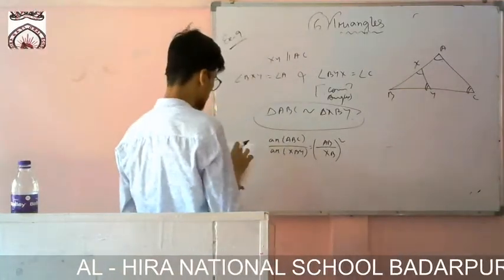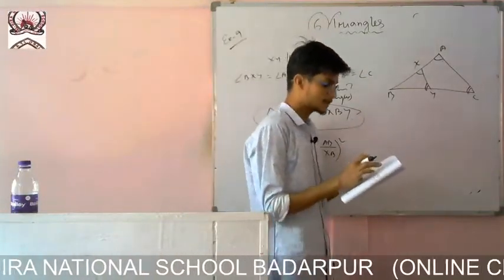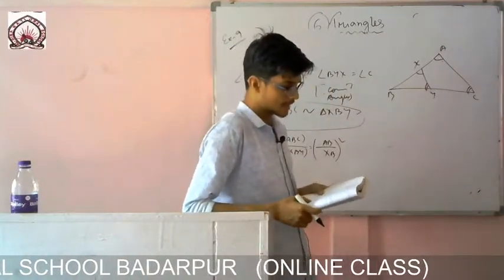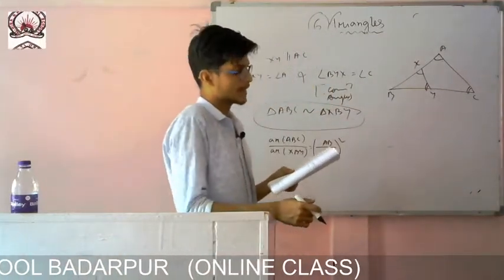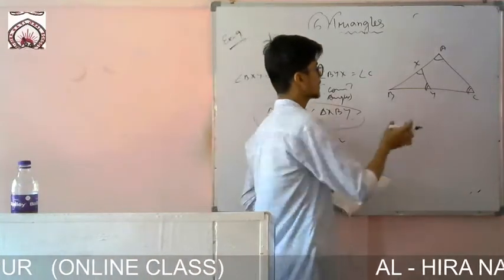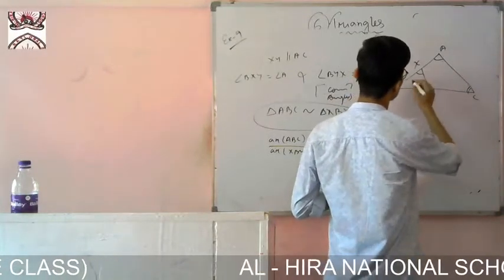And one thing you see in the question, what is given, very carefully. After drawing this side XY, the triangle ABC is divided into two parts of equal areas.